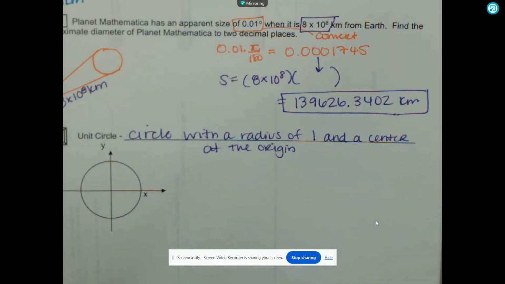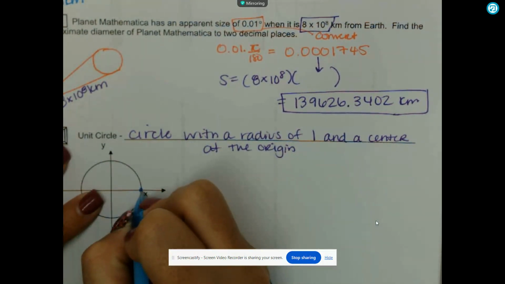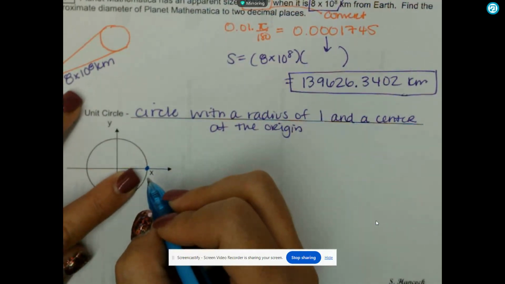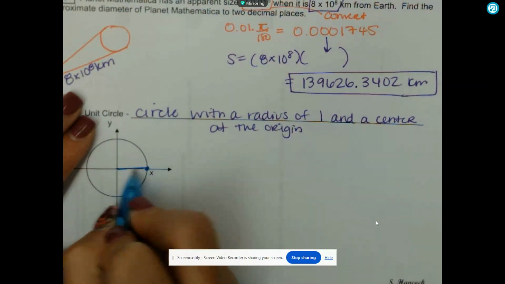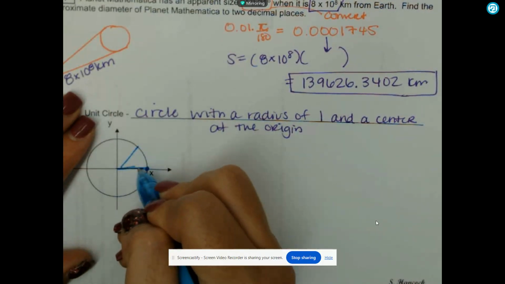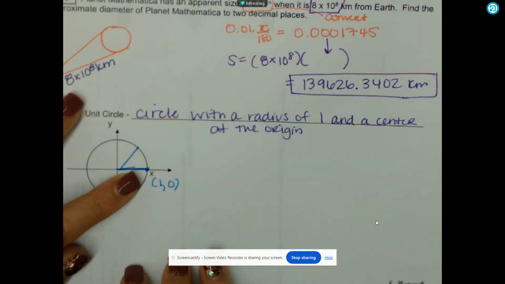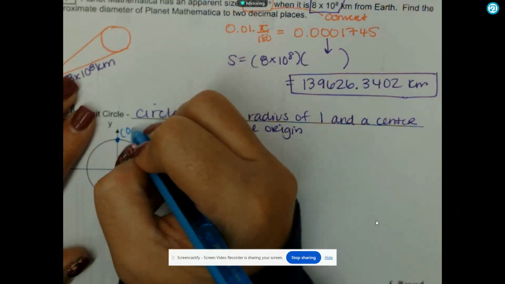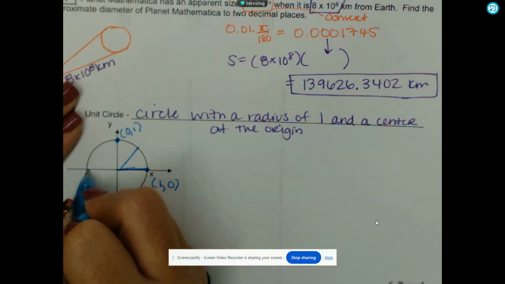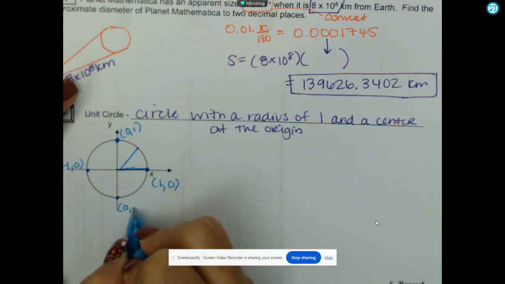If it's got a radius of 1, then what would this ordered pair right here be? 1, 0, right? What would be up here at the top? 0, 1. Over here would be negative 1, 0, and down here would be 0, negative 1.